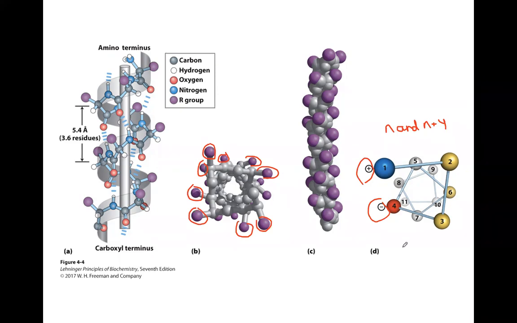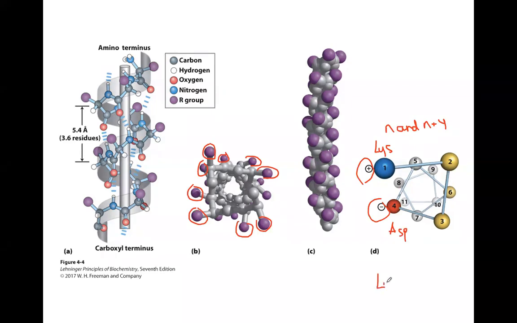A basic and an acidic one. Yeah, so what's your amino acid 1? We can do lysine. What's your amino acid 4? Aspartate. Aspartate, perfect.